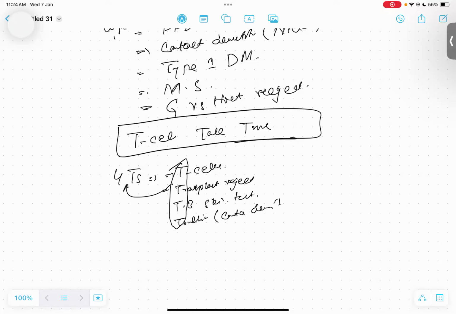Okay, doctor? Everybody clear? What is DRESS, the drug reaction with eosinophilia and systemic symptoms? Is there any mnemonic?